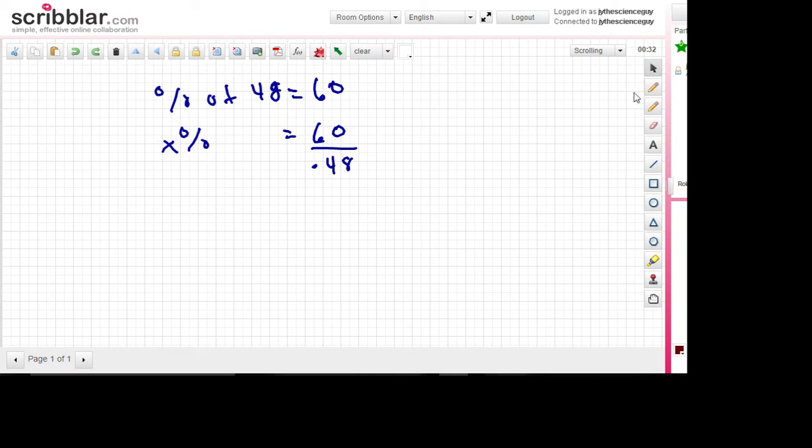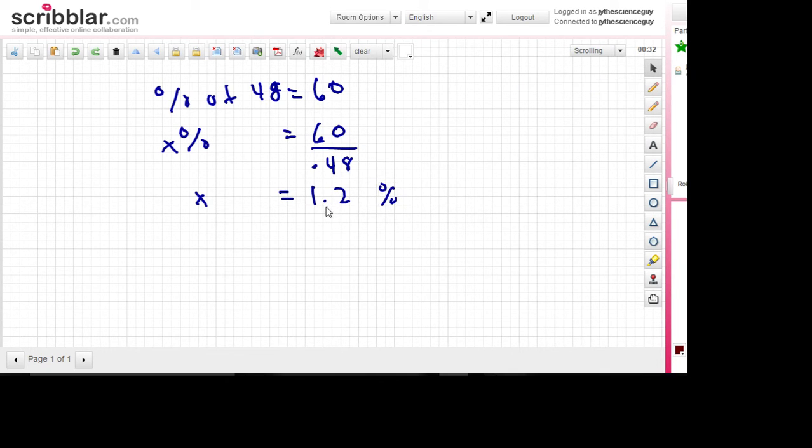Now, you gotta do one more step, because that is equal to 1.2, right? That is not the percentage. That is the decimal. So in order to take the percentage and move it over to this side, to move it over to the other side of the equal sign, that means I have to move the decimal twice.